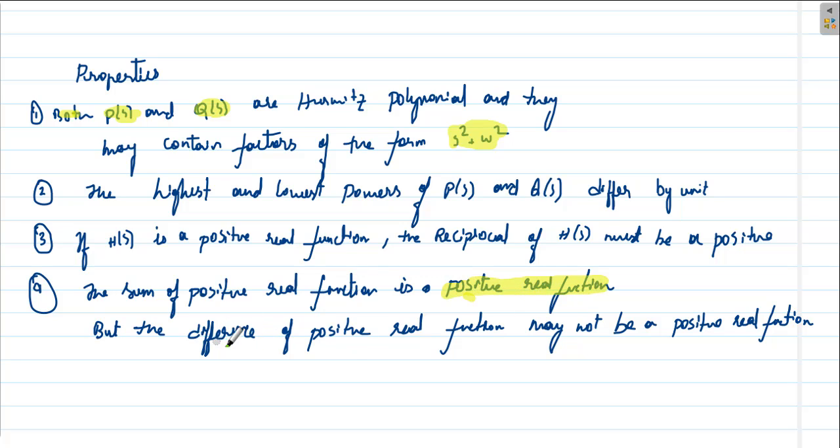But the difference of positive real functions is not a positive real function. These are the few properties of positive real functions. In the next class we will deal with what a Hurwitz polynomial is, and we will also go to LC immittance functions. Thank you guys.